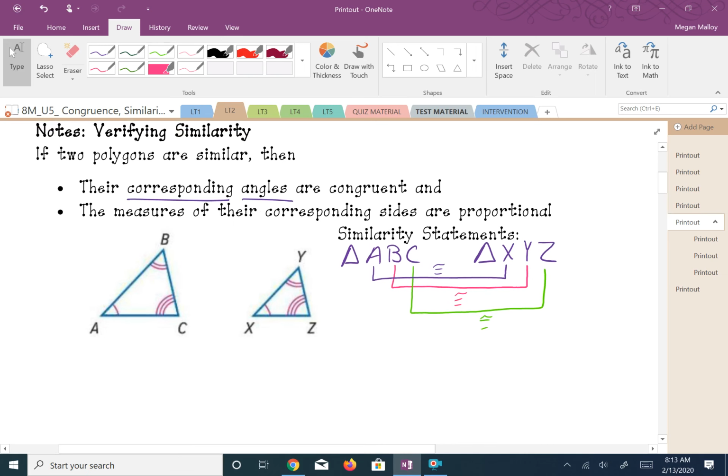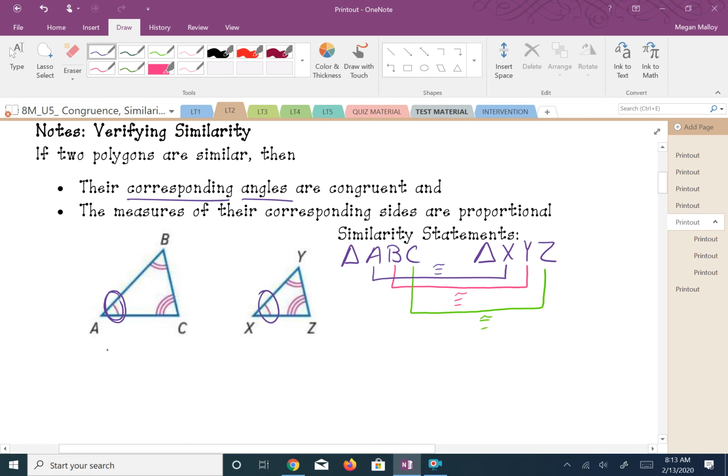So if we look at our figures, you should notice that the angles are labeled with these arcs. And if the arcs are the exact same in two different figures, that means that those angles are congruent.